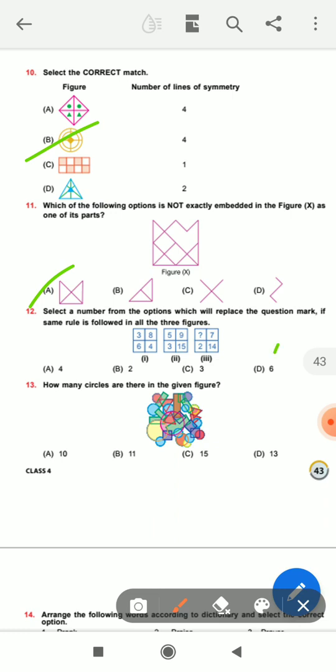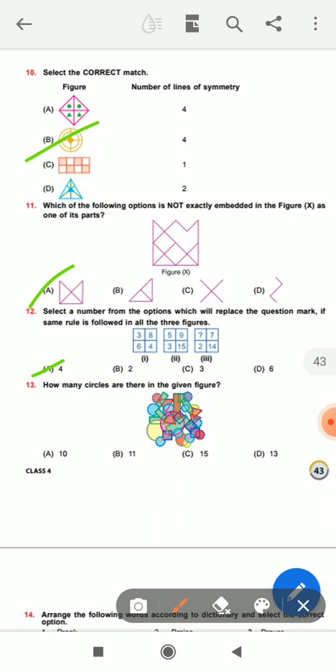So 2 into 14 is equal to 28. The missing number is 7, so 7 into 4 is equal to 28. Option A is the correct answer.